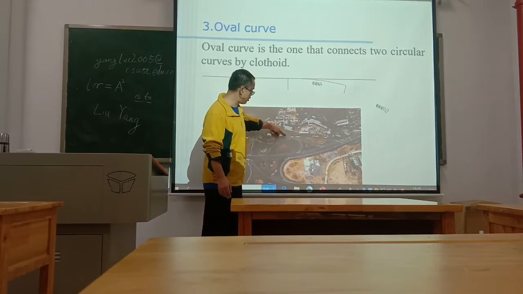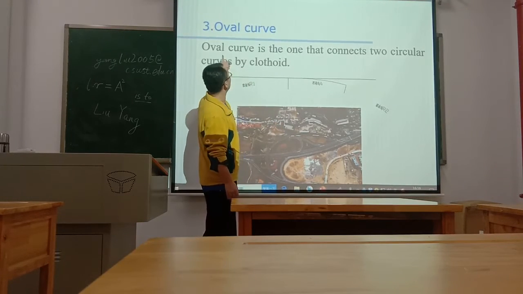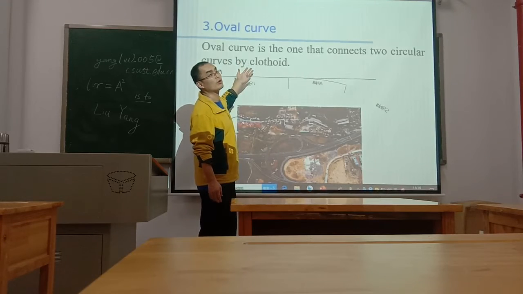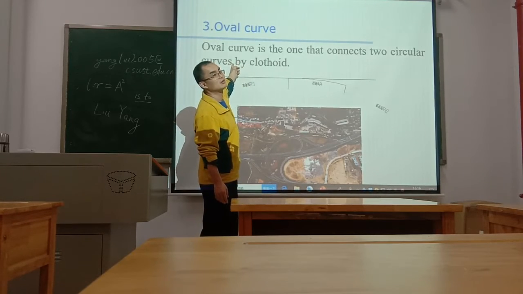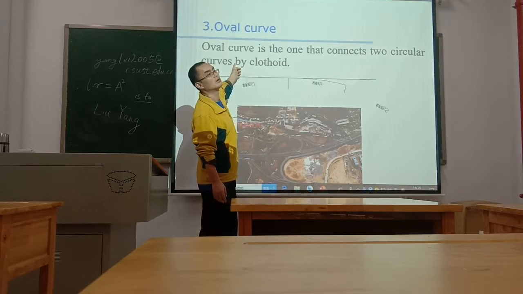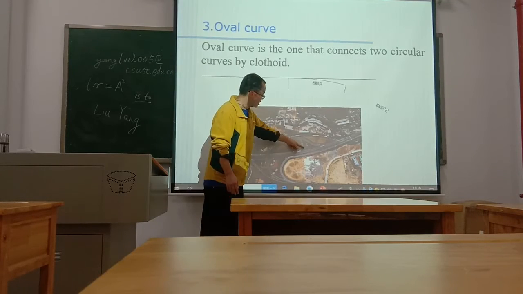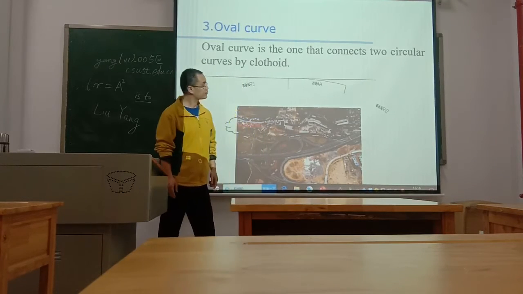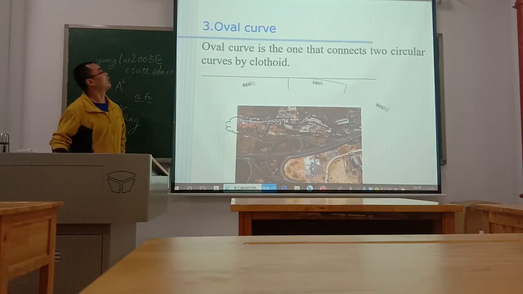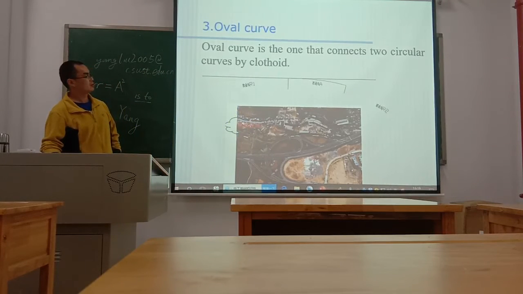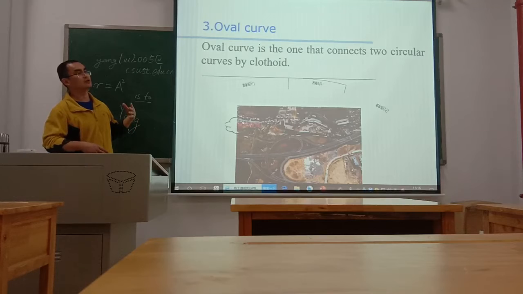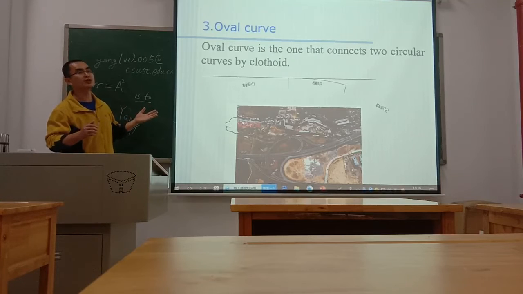So this is oval, oval curve. Oval curve is often used on ramps for interchanges.